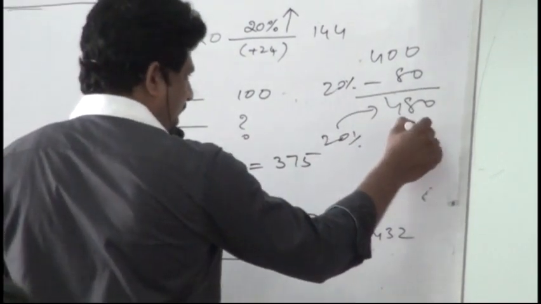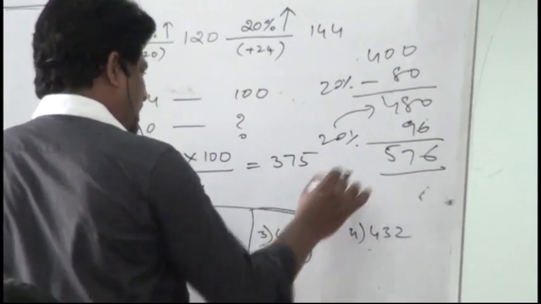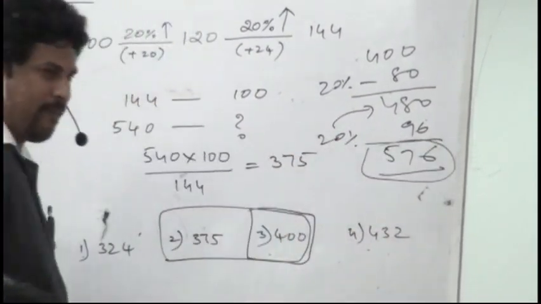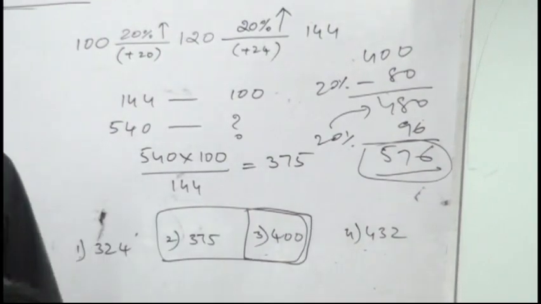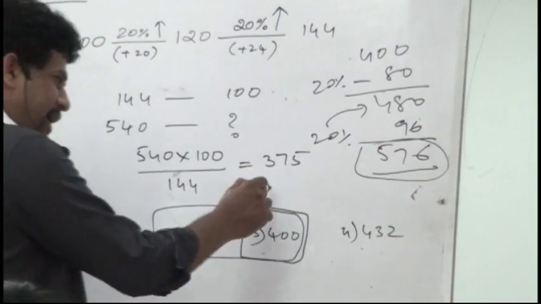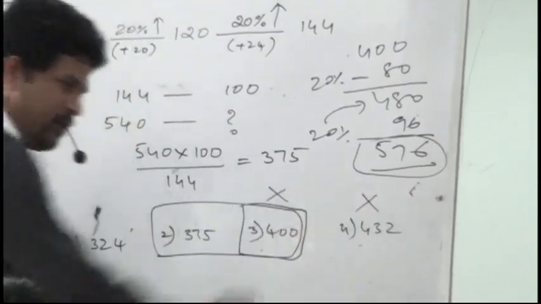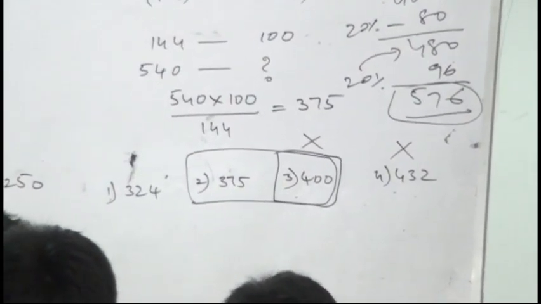So 48 plus 96, 576. But what is the desired answer? So if I go to my right, do I ever get the answer? No. So with one trial we have eliminated 2 options. Those 2 are not your answers.